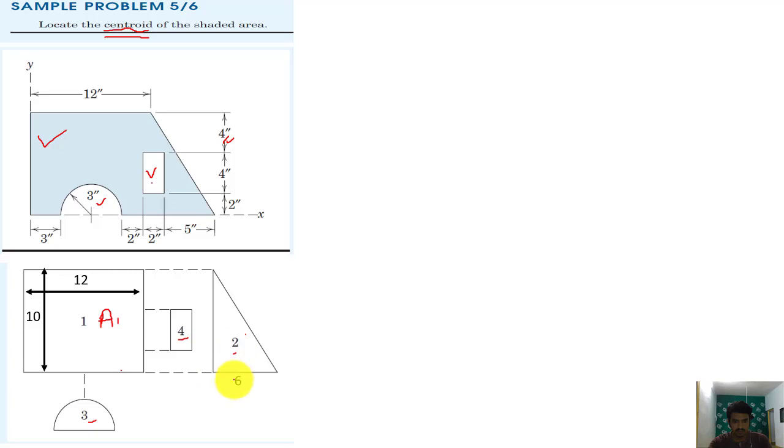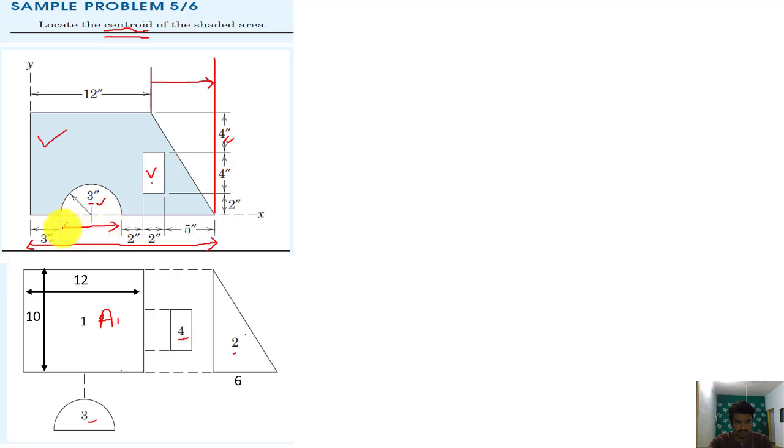Then this area 2 is of 6 inch width. Here, this rectangle from here to here, this distance is 6. How does that come? This total distance will be equal to 3 plus, now here the radius is 3 inches, so this is 6.